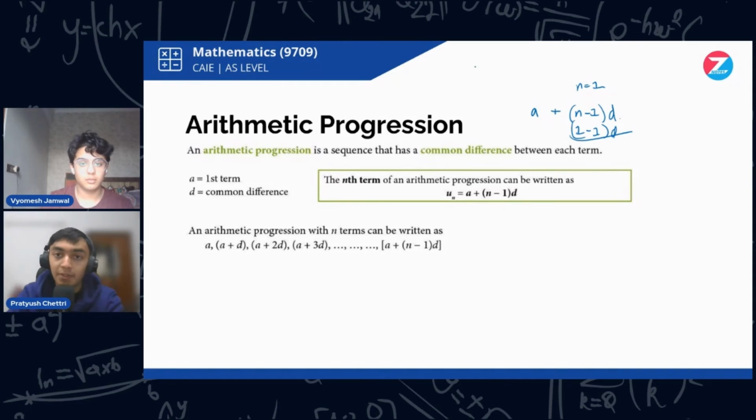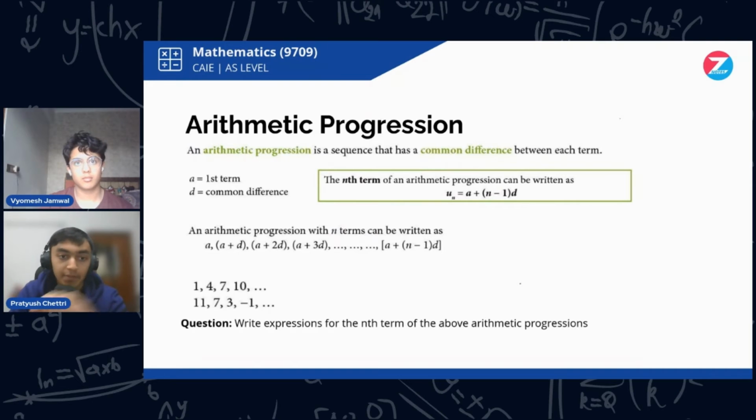So the first term is A. That's where this A comes from. Second term is when n equals 2, 2 minus 1 times D, so A plus D. So that's how the terms can be written. This will be important later on, when they'll give you a certain term and you will have to construct an equation for it in terms of these variables. That's a minus 1, by the way.